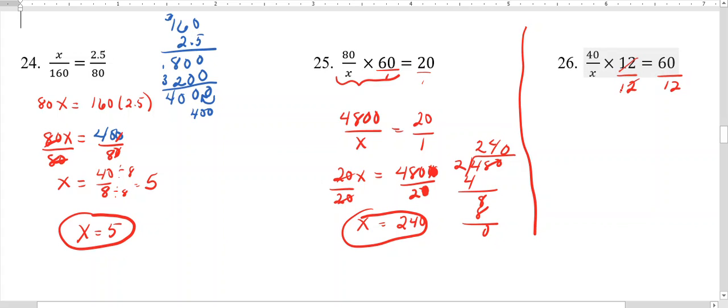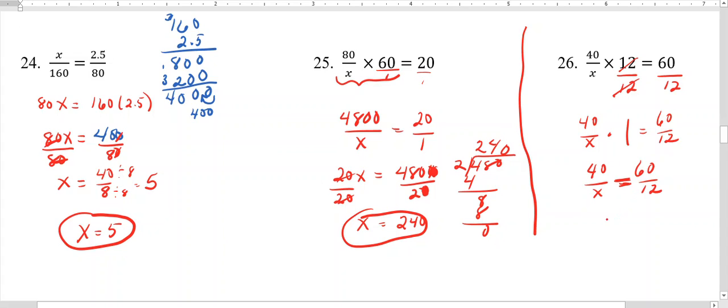So the 12 cancels the 12, and I have 1. So I have 40 over x times 1 equals 60 over 12. So 40 over x times 1 is 40 over x equals 60 over 12. I can't simplify because of the equal sign.